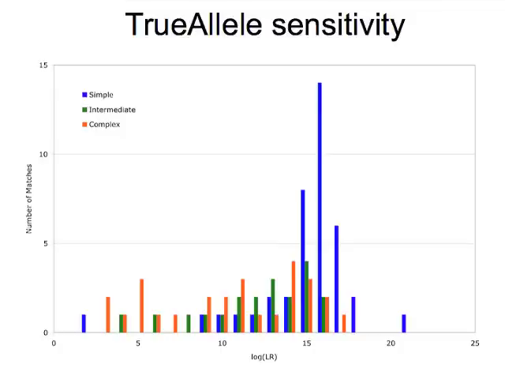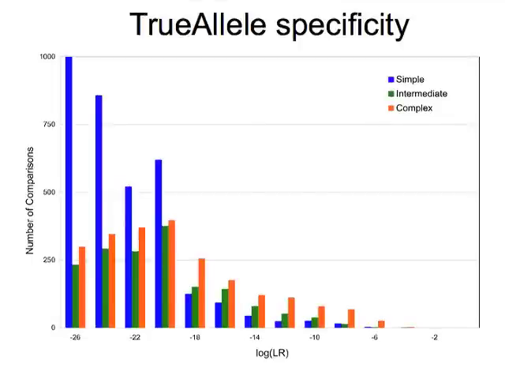With the intermediate samples shown in green, there's a shift to the left, but you still have an average max score of around 10 to the 12th, or a trillion, and then the more complex cases shift a little bit more to the left, but averaging maybe 1 billion or 10 million as a match statistic. Is the method specific?